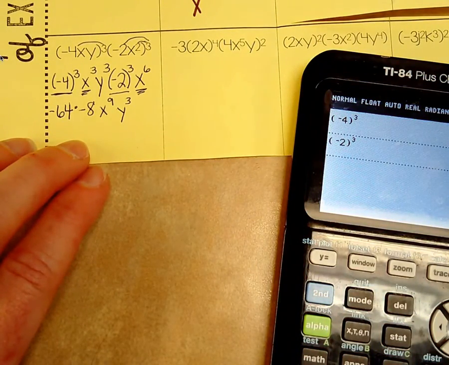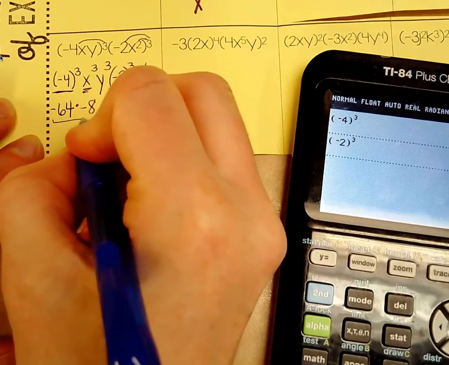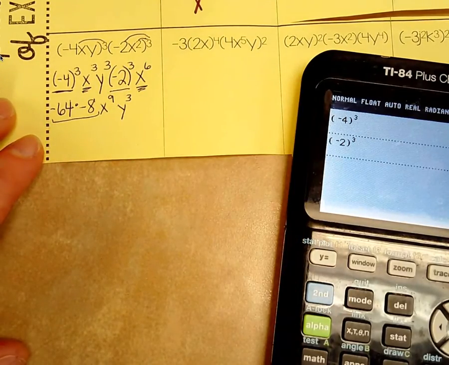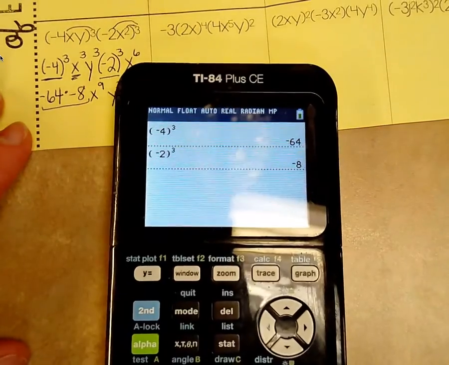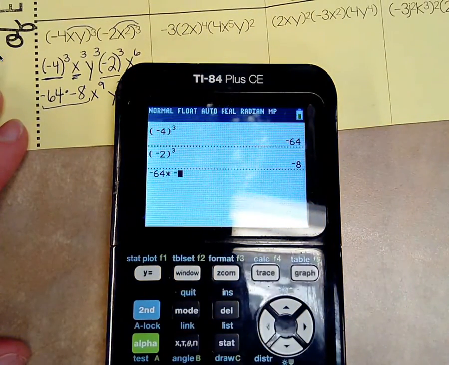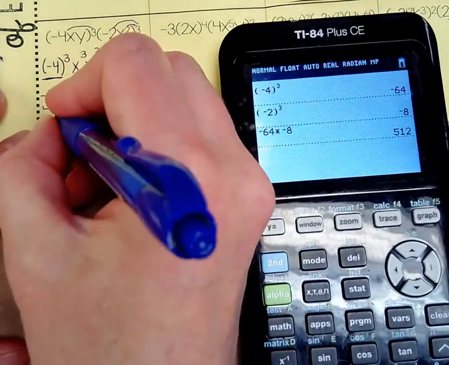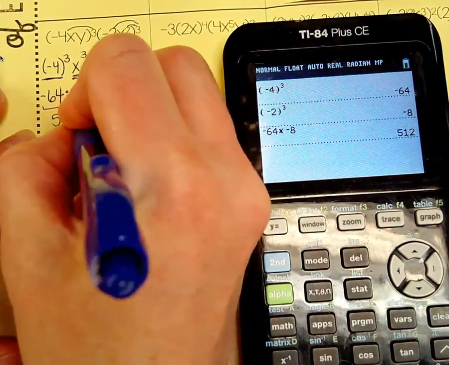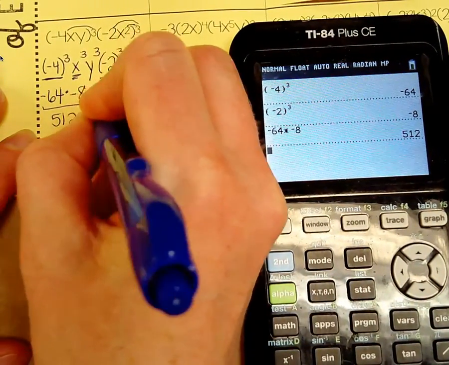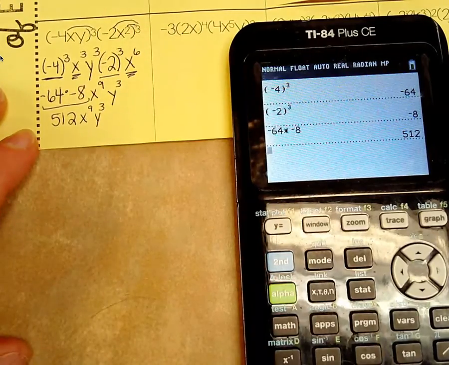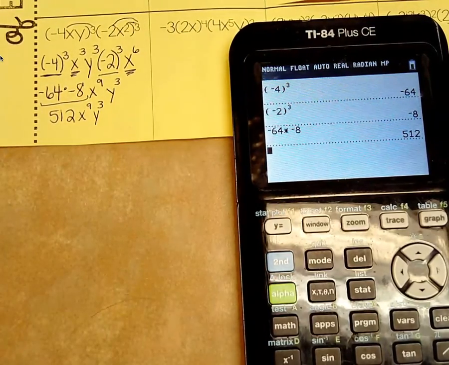Your last step will be to go ahead and simplify the -64 times the -8. 512. And then keep our same variables and exponents.